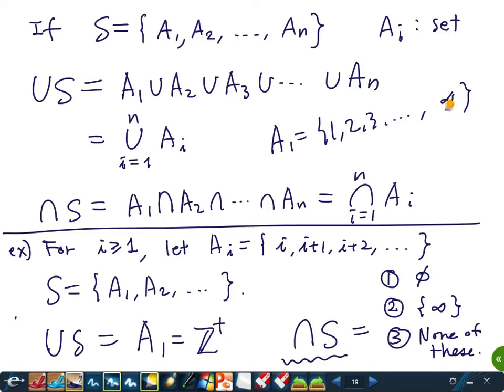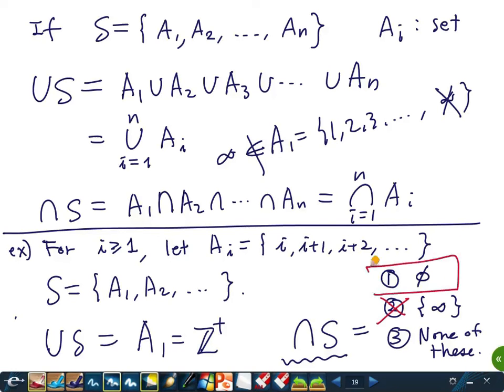Maybe you have some concept about infinity, but it's not an integer. It's not a real number either. Infinity is not even in the first set. How can it be in all of these? So this is certainly not true. Second, you can cross out the second one because infinity is not even in the first set.